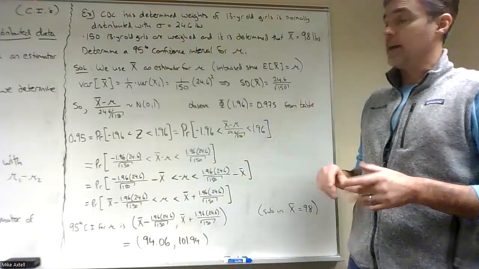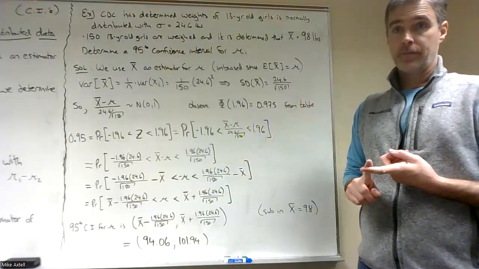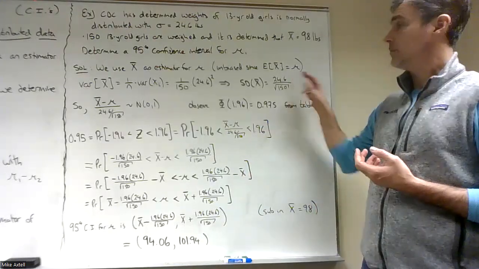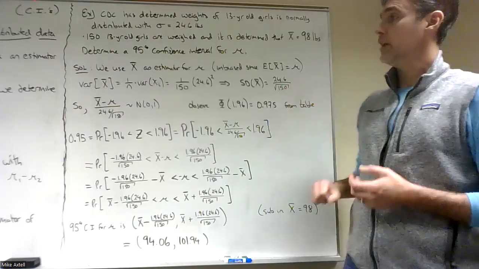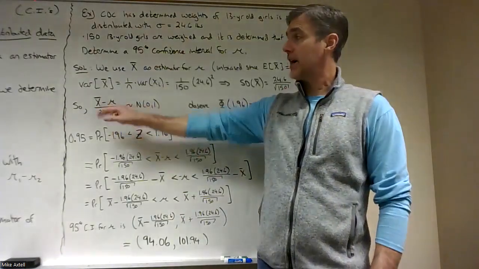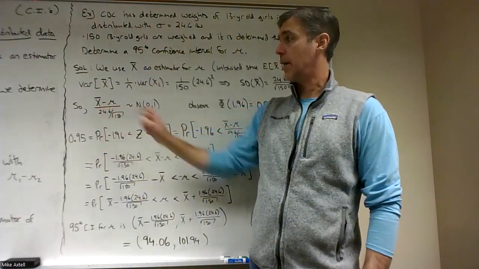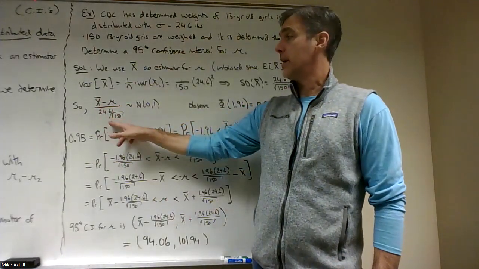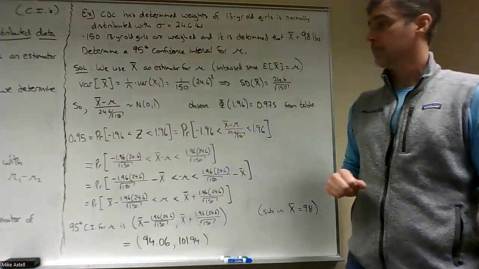Okay, well, anyway, that means x bar is normally distributed, and I know its mean is mu, and I know its standard deviation, so I can standardize: x bar minus the population mean, which I don't know, divided by its standard deviation is standard normal, okay?